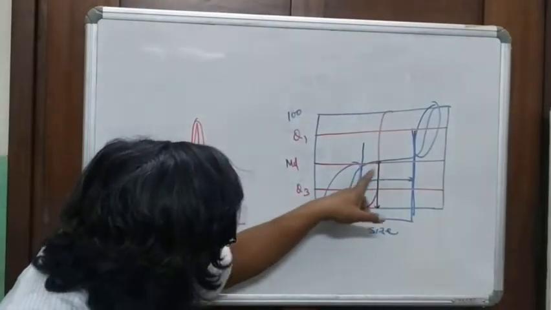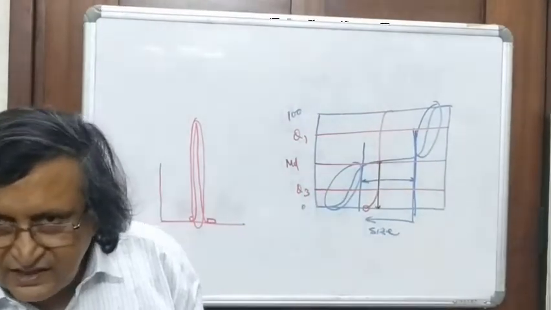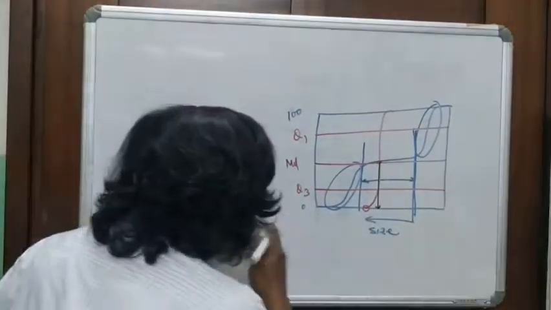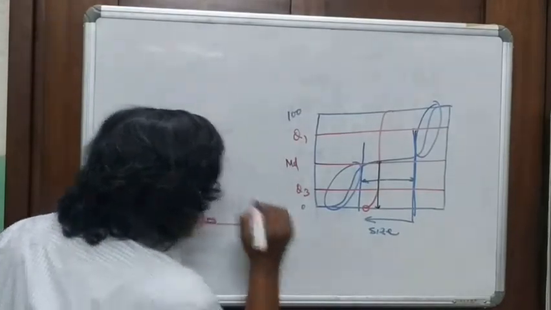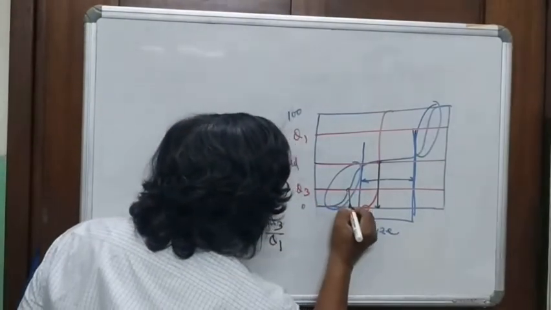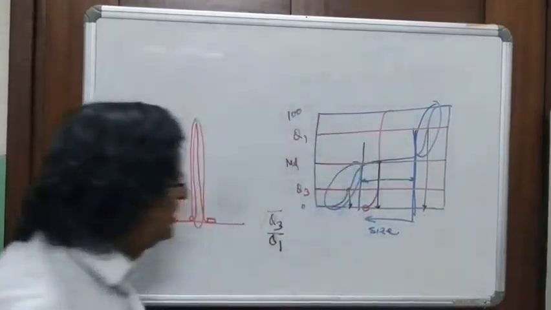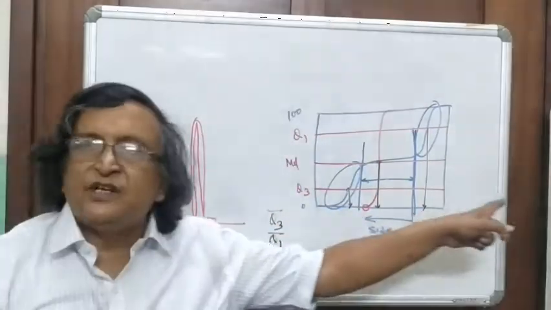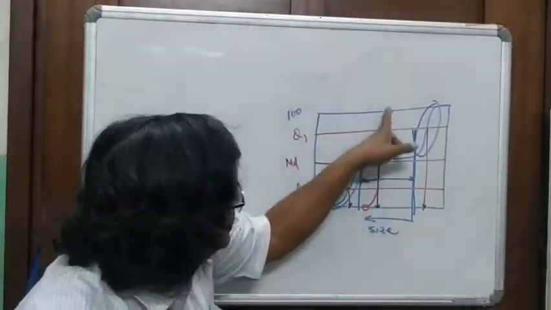You have a grain size here, the median value comes here, and you don't have a grain of that size. And then you take root over Q3 by Q1. You see, this is the value of Q3, and this is the value of Q1, and this is a very poorly sorted sediment. Just the opposite of the red sample.